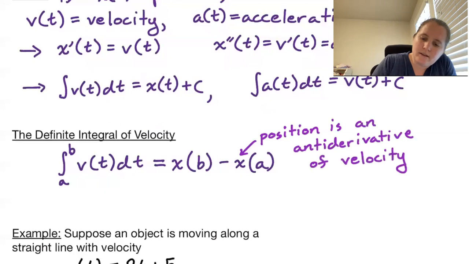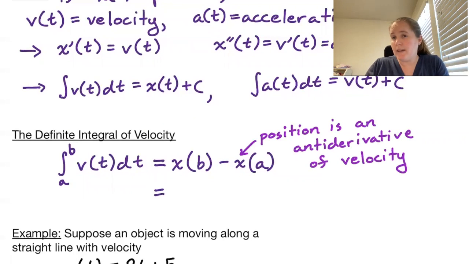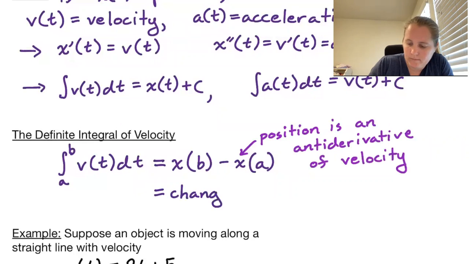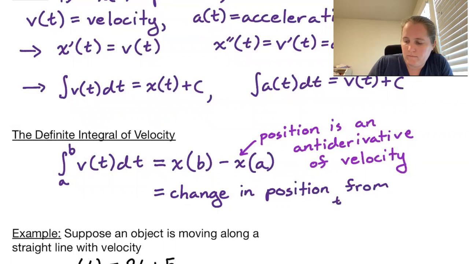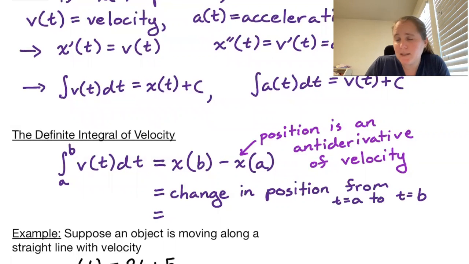Once we have that, this is just the change in position from a to b. Otherwise known as the displacement from t equals a to t equals b.